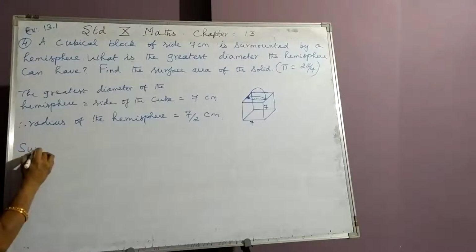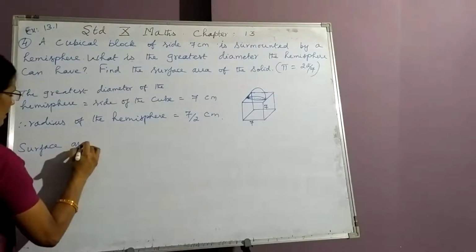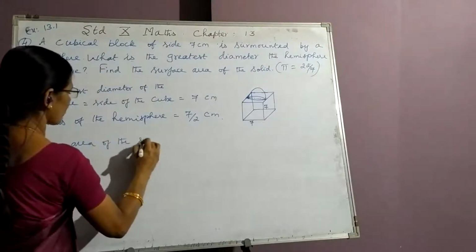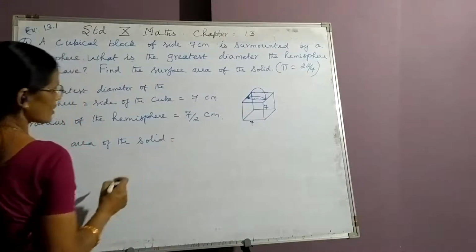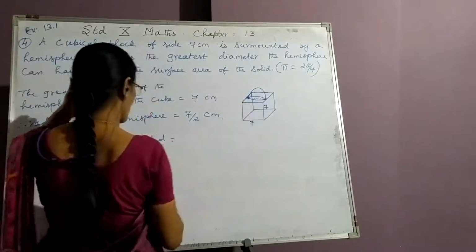Therefore, we are going to find surface area of the solid. Here the solid is the combination of hemisphere and the cube.